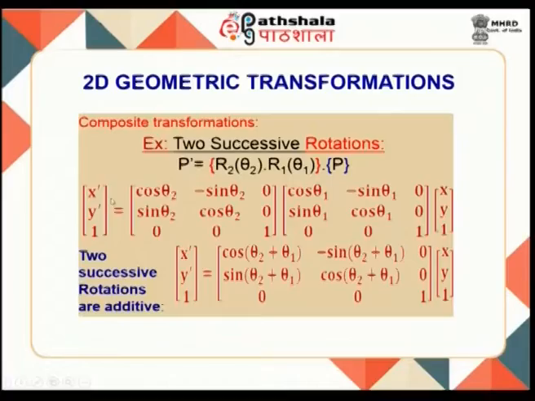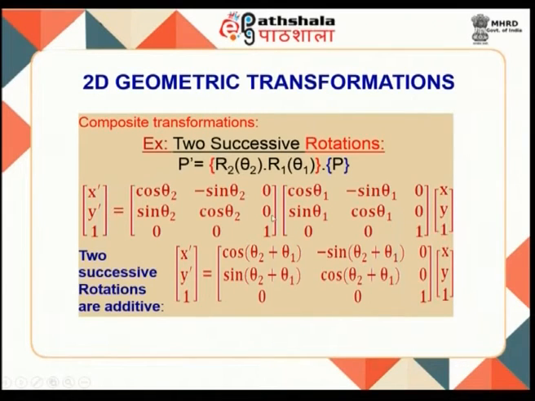If you remember the standard rotation matrix, we have converted this notation into the equivalent matrix: x dashed, y dashed, 1 is equal to R2 of theta 2, [cos theta 2, minus sin theta 2, 0; sin theta 2, cos theta 2, 0; 0 0 1], and similarly [cos theta 1, minus sin theta 1, 0; sin theta 1, cos theta 1, 0; 0 0 1].